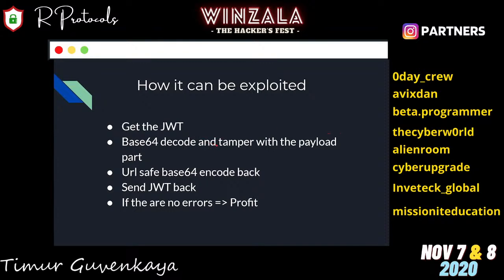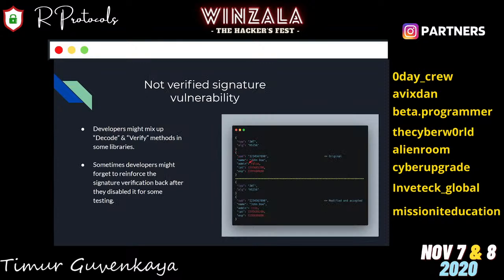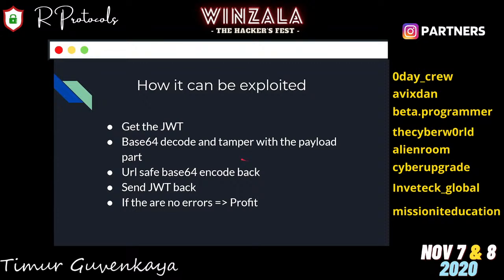For instance, in the previous case, it was logical to tamper with the admin part and make it true, so become admin. In your case, it might be different. Then encode everything back and send the JWT back. If there are no errors, everything is super well, it's profit.